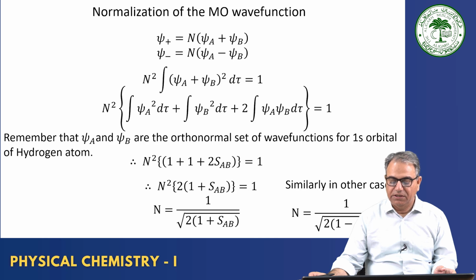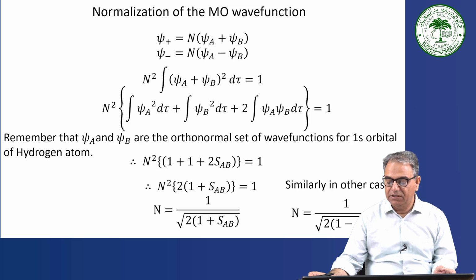We found that the normalization constant is 1 over root of 2 multiplied by (1 plus SAB), and for the other function, the normalization constant is 1 over root of 2 (1 minus SAB).